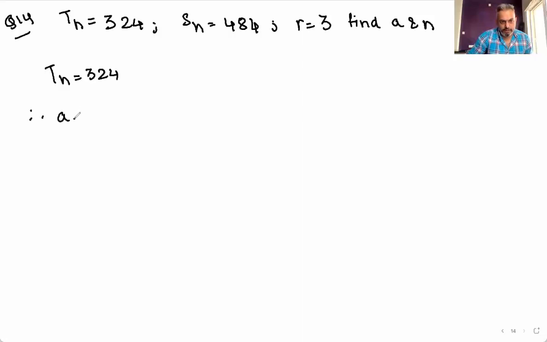Therefore, A into R raised to n minus 1 is 324. Therefore, what is A is missing, R is 3. So A into 3 raised to n minus 1 is 324.